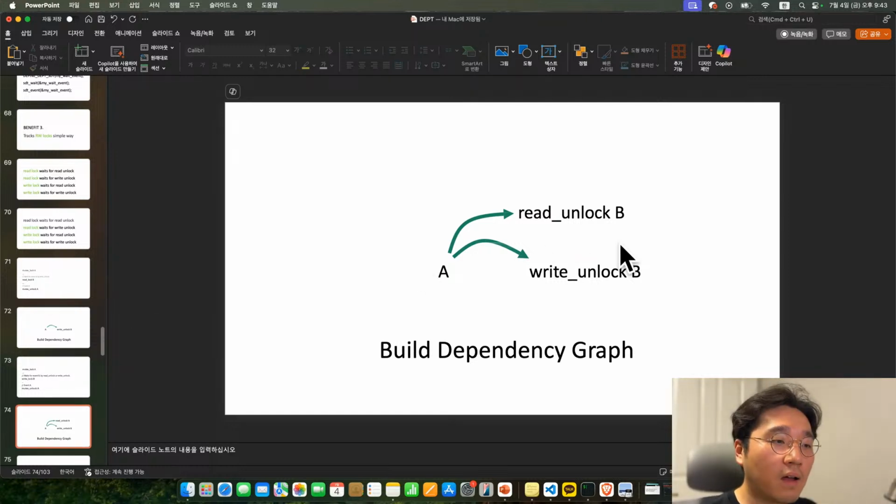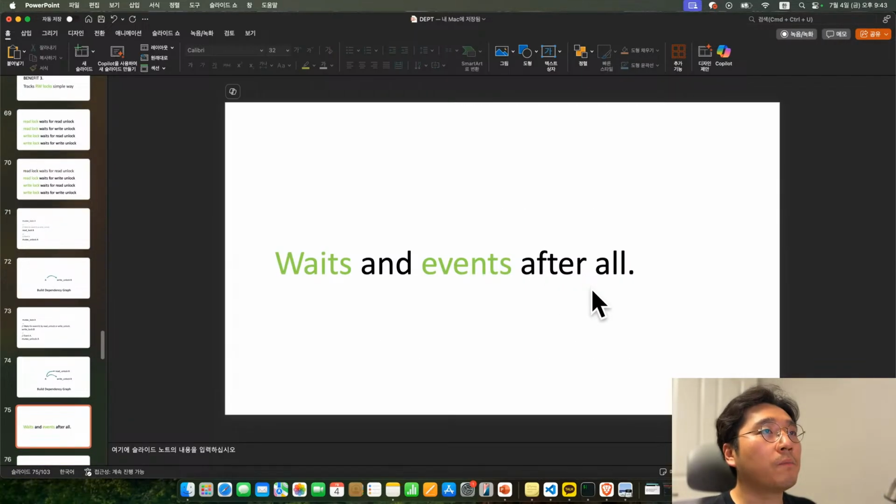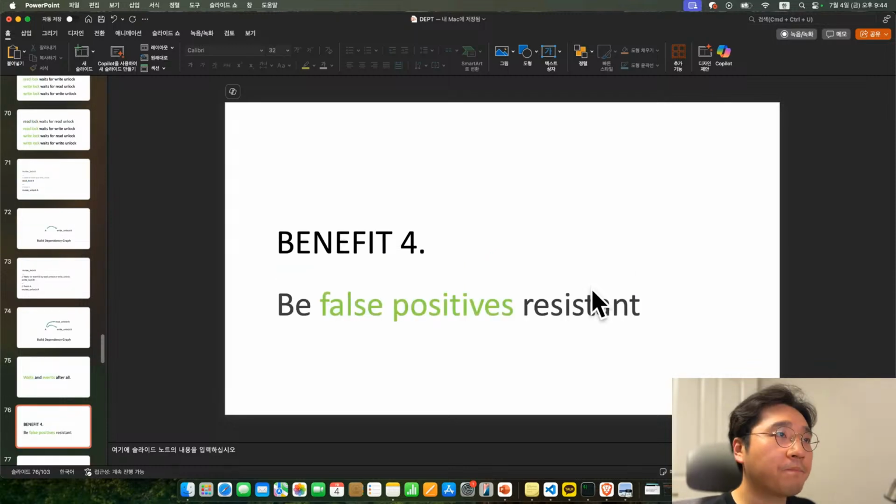If there are events, read unlock and write unlock, A depends on these two events, so we can draw this diagram. We care about only the wait and event, right?